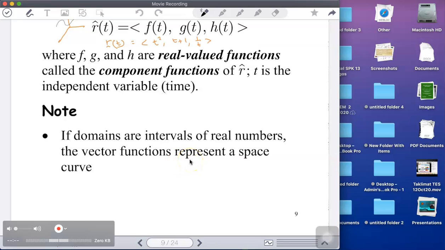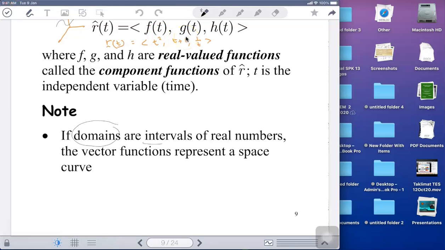For example, you have the vector function in terms of t, and because the function here depends only on t, that means the domain has to do with the interval of t. So let's say t is from 0 to 10.